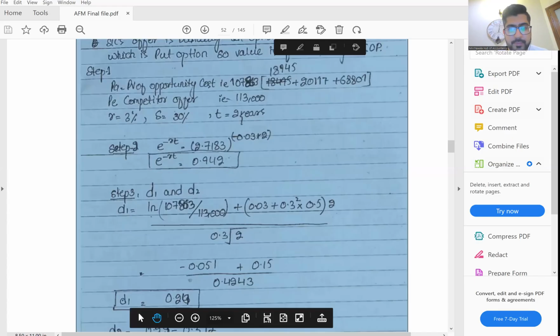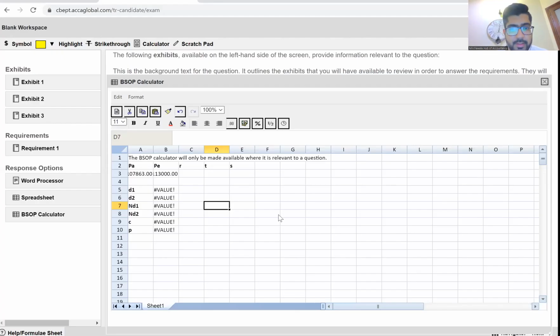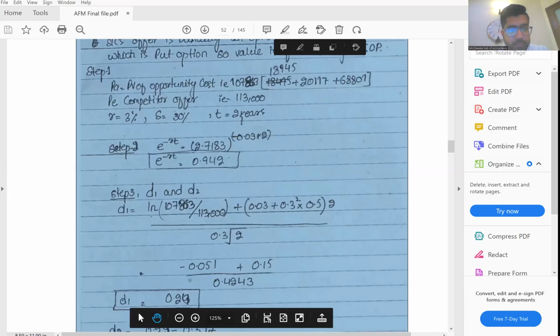Then R, T, S. What was R? 3%. T was 2 years. S was 30%. So in R, I will write 3%, 0.03. T was 2 years. And S was 30%, 0.3.